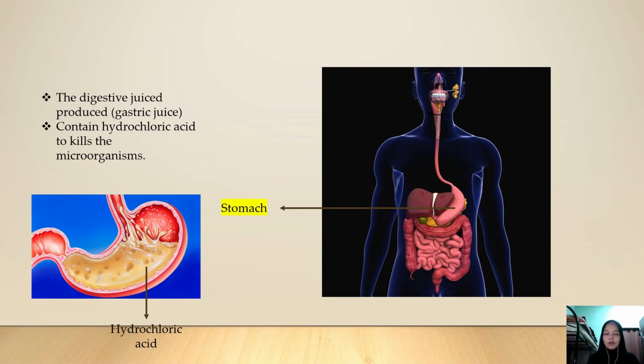When the bolus enters the stomach, the digestive juice produced by the stomach wall, called gastric juice, contains hydrochloric acid. This hydrochloric acid helps to kill the microorganisms in the food that we eat. In the stomach, no further carbohydrate digestion occurs because the salivary amylase is inactivated in the stomach.